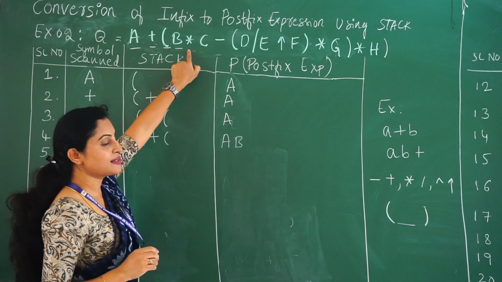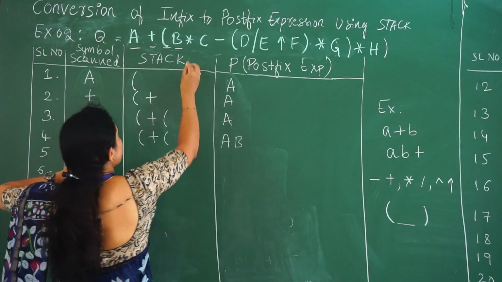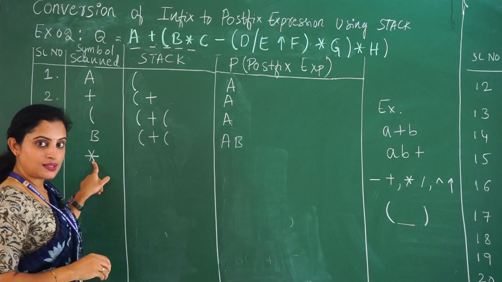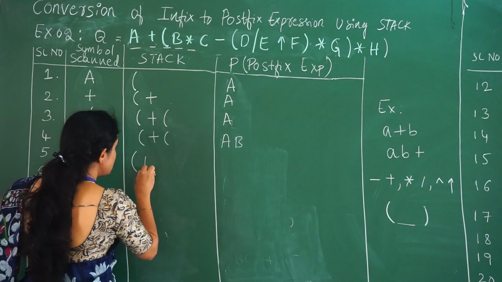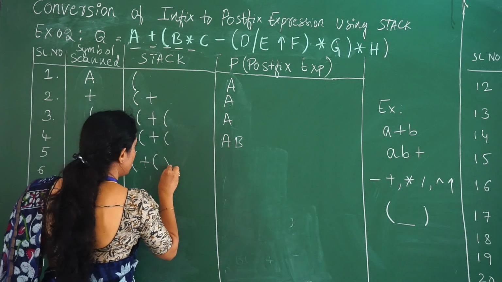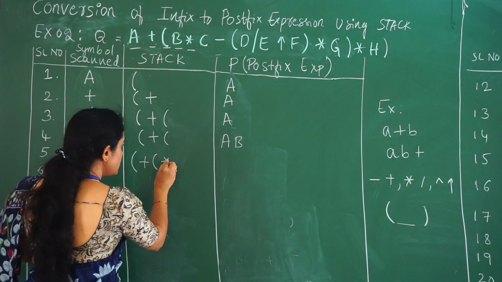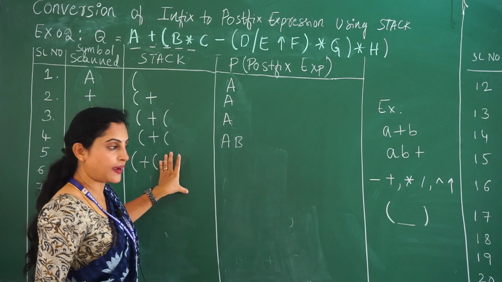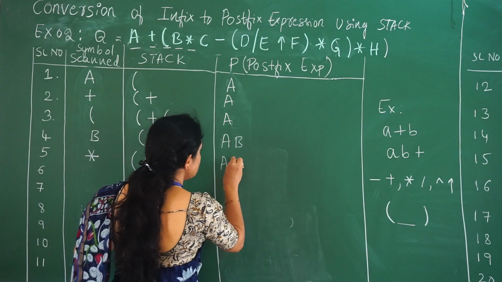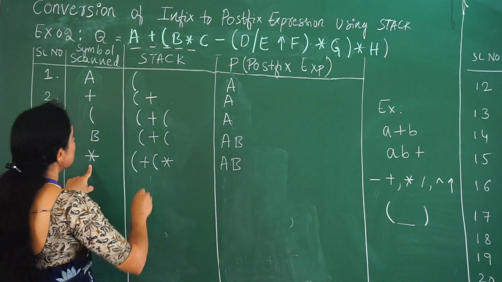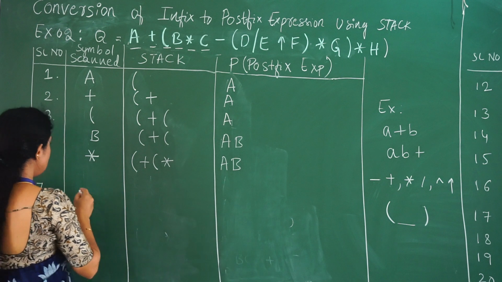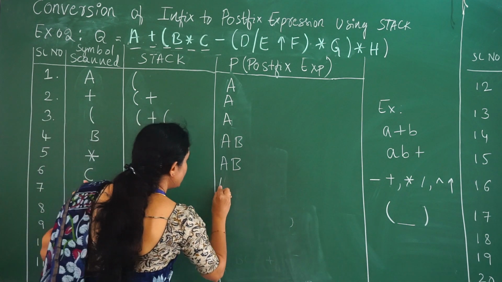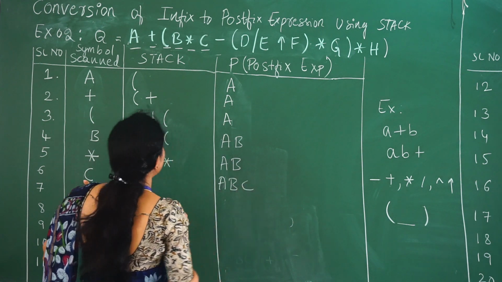The next scanned symbol is asterisk. Asterisk is an operator, so we push it inside the stack. There are no other operators inside the stack, so we can directly push it. The postfix remains the same. The next scanned symbol is C. C is an operand, so we directly place it in the postfix expression.